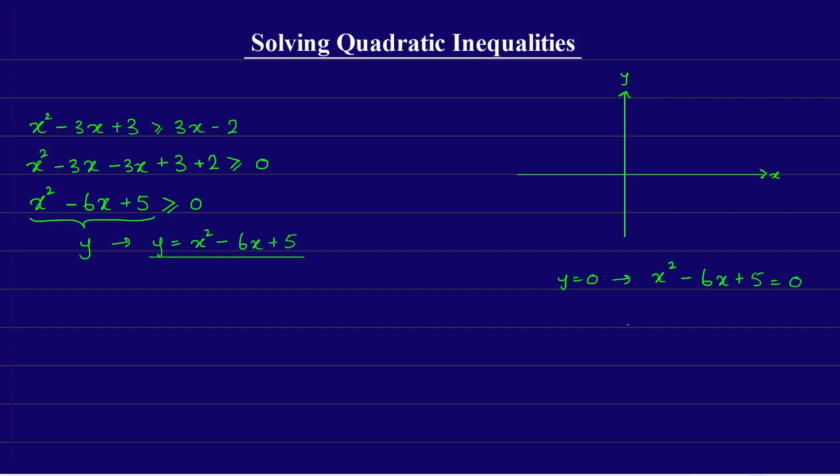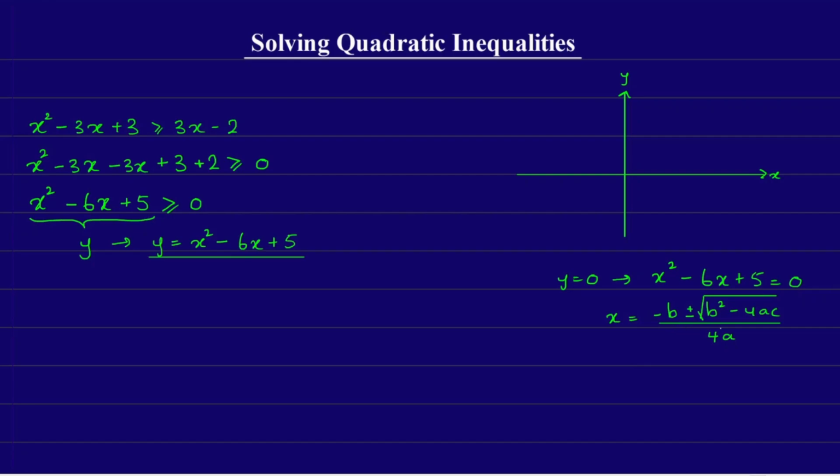And then I'm going to use the quadratic formula to solve for the values of x. So the quadratic formula goes as x equals minus b plus or minus the square root of b squared minus 4ac, divided by 2a.